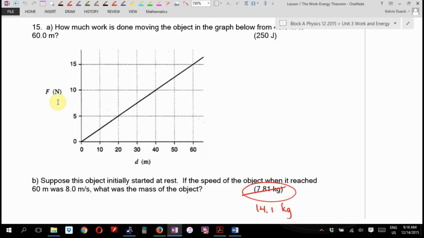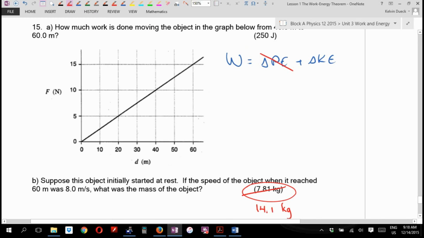But the fact that I have the work, what I can really then say is work equals the change in potential plus the change in kinetic. And I think I can safely say the question didn't seem to imply any hill. So if it wants the mass of the object, it's going to be 250 equals a half m v final squared.